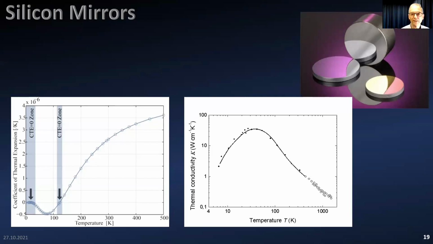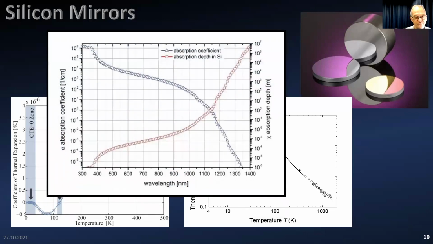You could create a temperature profile, but not stress. On the other hand, on the right diagram, you see the thermal conductivity of silicon, and you can see that it's reasonably good even at 10 Kelvin, in the order of the conductivity of copper, which allows you to efficiently transport away the heat that you're injecting.